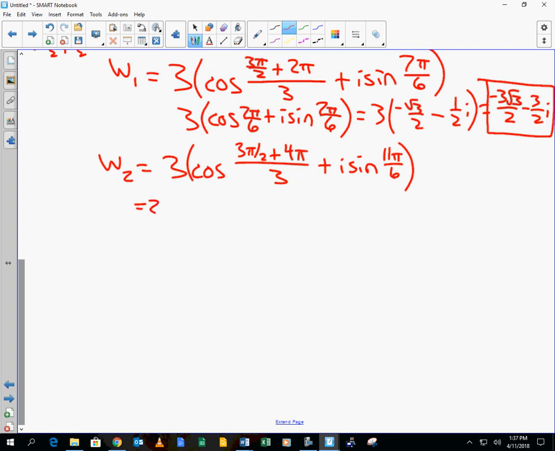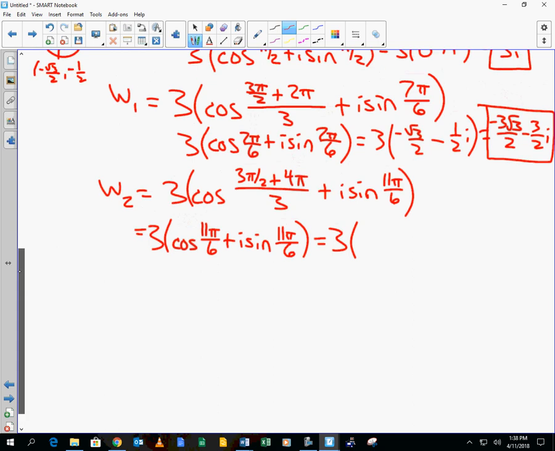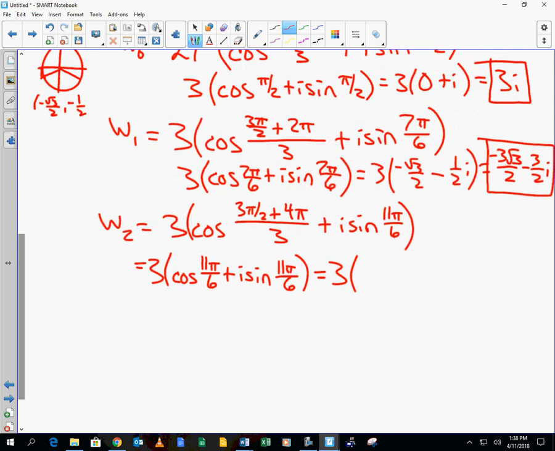That gives me 3 times the cosine of 11 pi over 6 plus I sine of 11 pi over 6. 11 pi over 6 is 330, which leaves me with what for a terminal point? Root 3 over 2, negative 1/2.